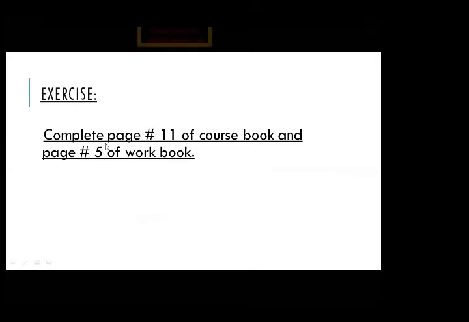Okay, students, complete page number 11 of your course book. It is the vocabulary, and page number 5 of the workbook. Workbook and course book both are going the same. You are doing the work which I mentioned in your workbook and your course book.